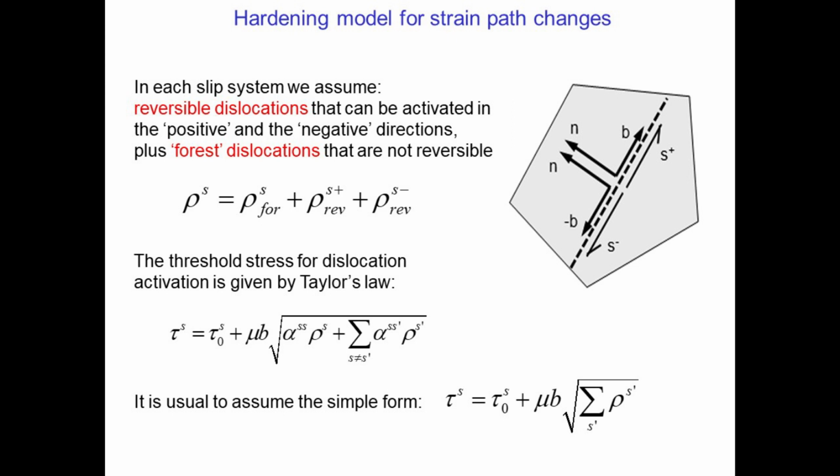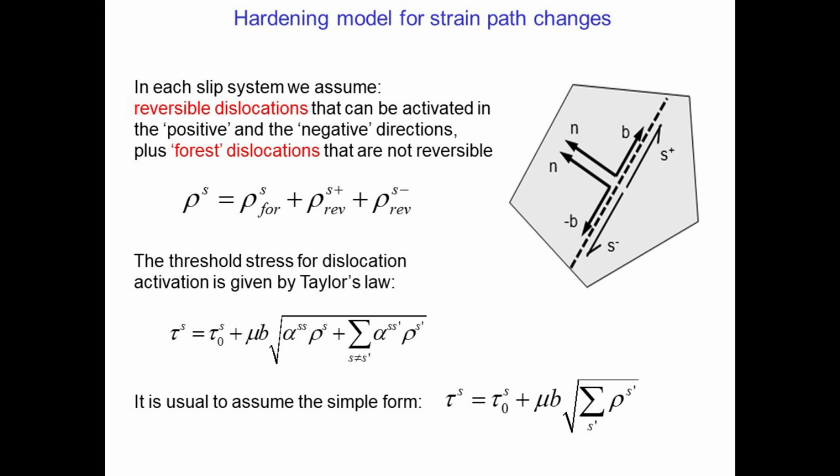Then the threshold stress is given by a Taylor law, where there are some hardening coupling parameters. The tau is the square root of this sum of hardening parameters times the dislocations in each system. And this law is usually used in this simple form. That is the Taylor law, where you say the critical stress is a certain initial threshold plus something that increases with the square root of the dislocation density.